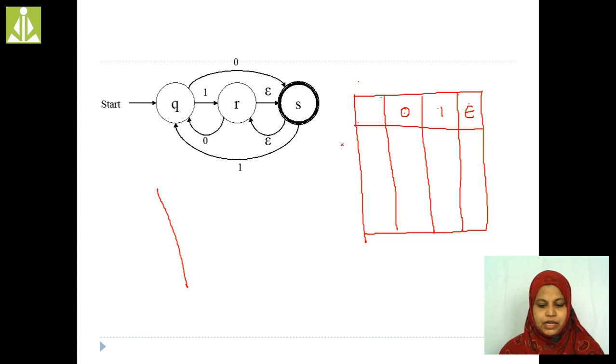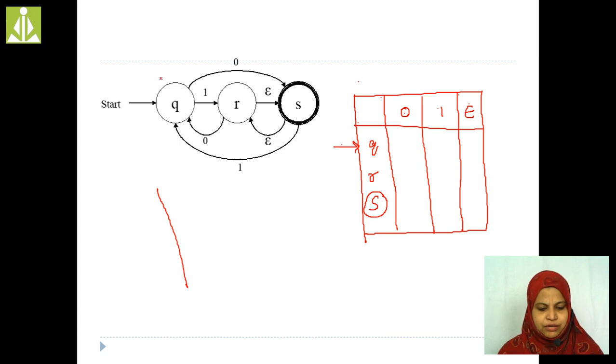Which one is the initial state? The initial state is indicated by this arrow. Which one is the final state? S is the final state, indicated by the double circle.